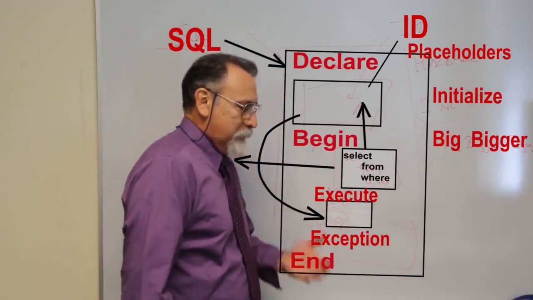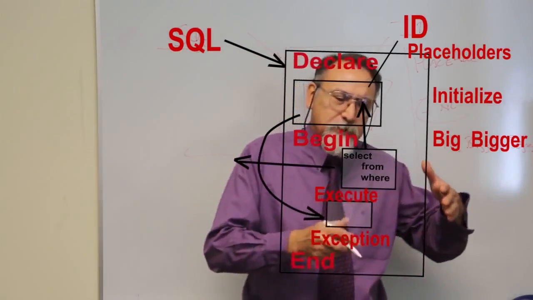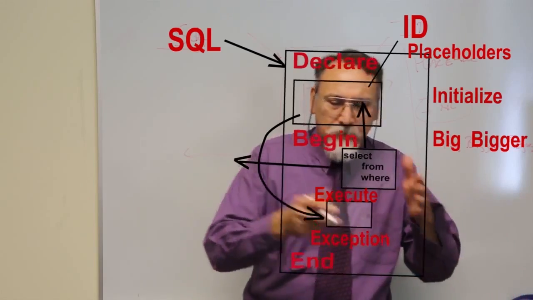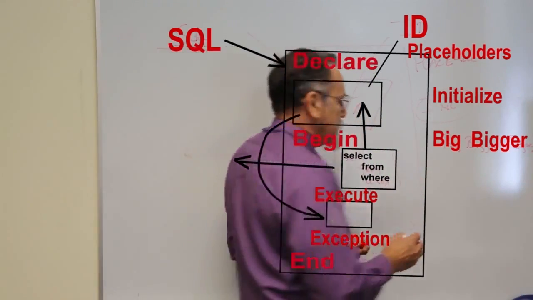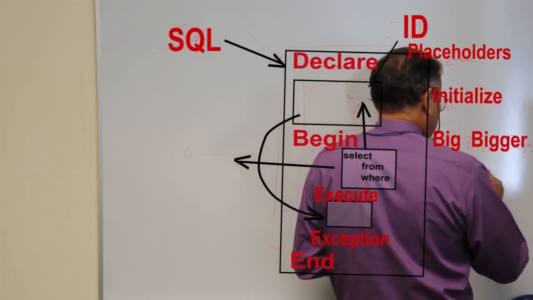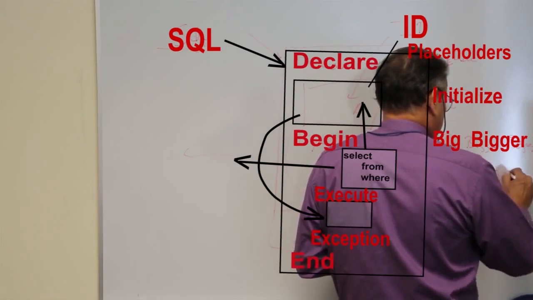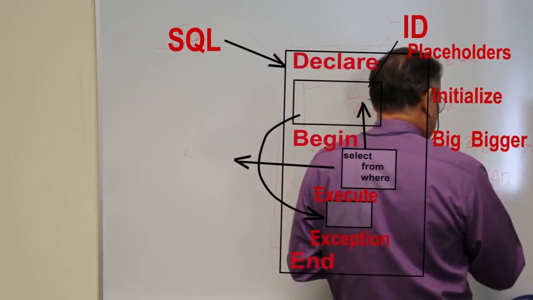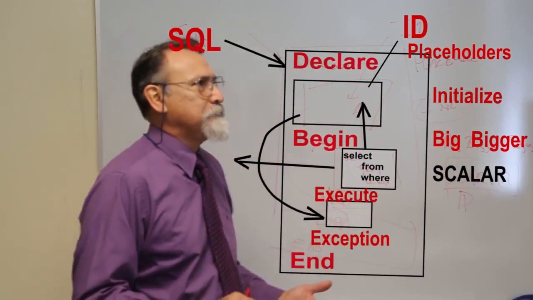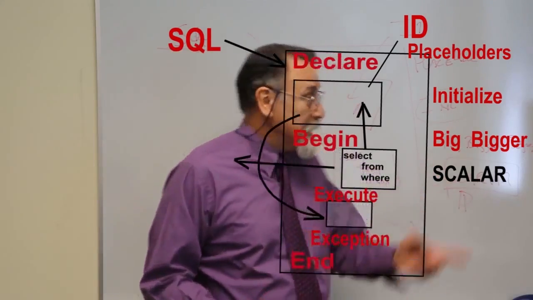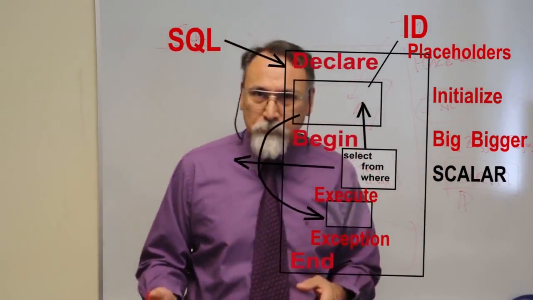There are precision in numbers and there are precision in words. So there's a process called scalar. Scalar is the term that is used to define the type of placeholder you're going to use.